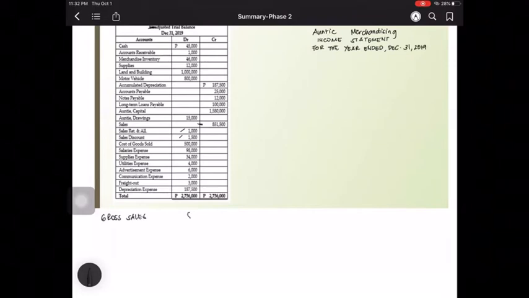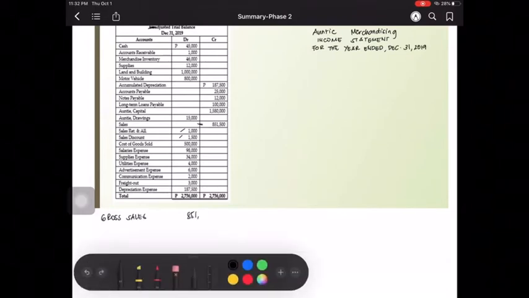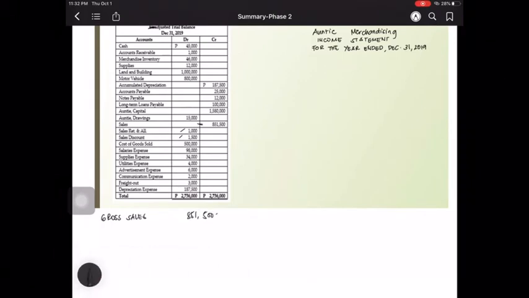So to determine first your net sales, we have here your gross sales amounting to 851,500 pesos. And we have to deduct your sales returns and allowances as well as your sales discounts. Your sales returns and allowances is 1,000 and a sales discount of 1,500. So how much is our net sales here?